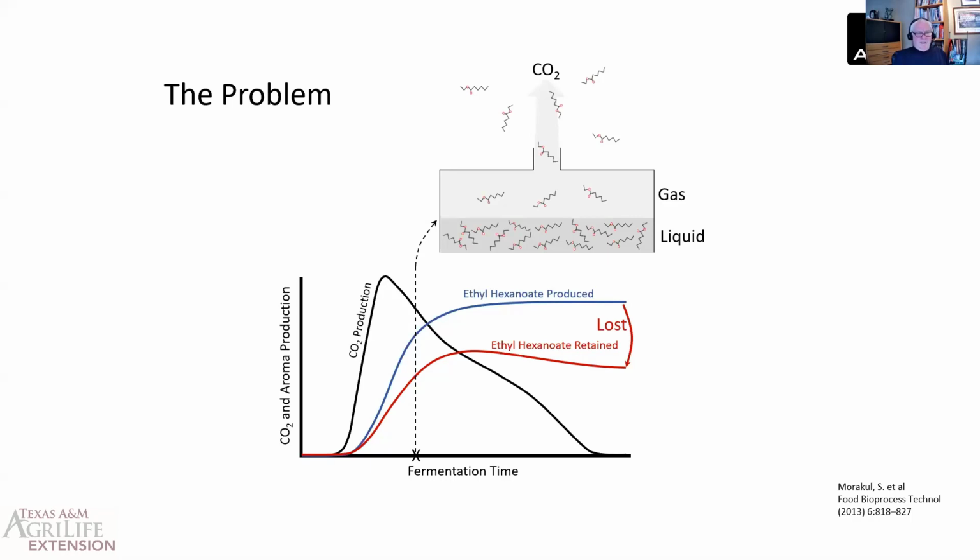They're pretty well retained in the wine. So what happens when we're losing all these desirable aromatics is that the aroma profile of your wine is shifting. It's shifting toward more weight from the fusel alcohols and less from the fruity esters. And that's the wine we're accustomed to drinking.